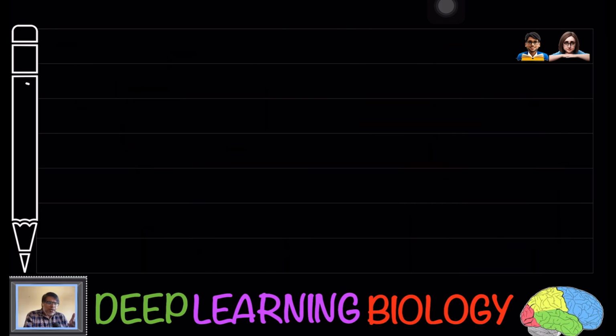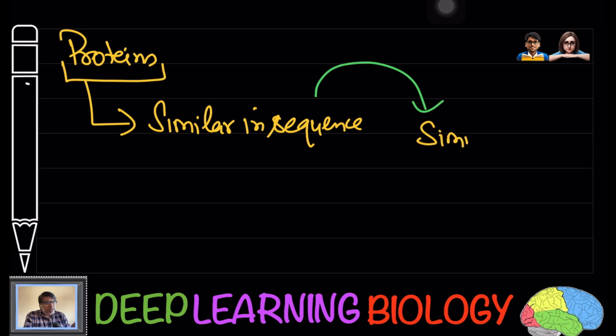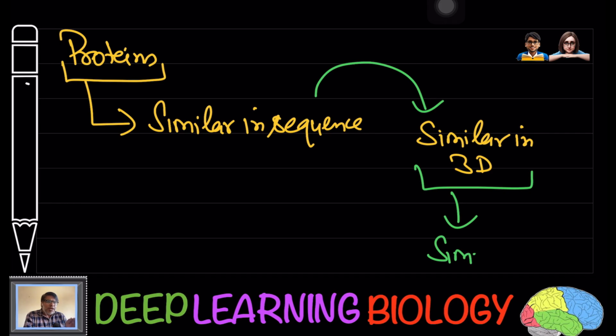Now here, in proteins, generally those which are similar in sequence are also going to have similar 3D structure. The proteins which are similar in sequence have similar 3D structure, and if the structure is similar, it means they have similar function.